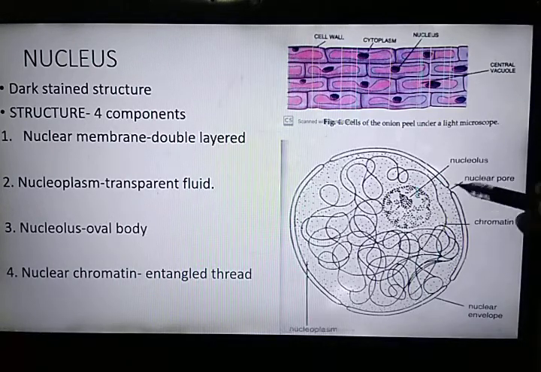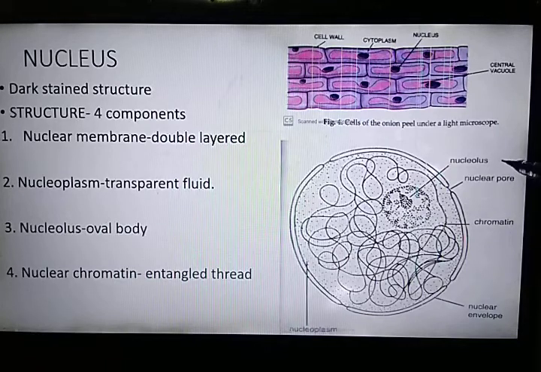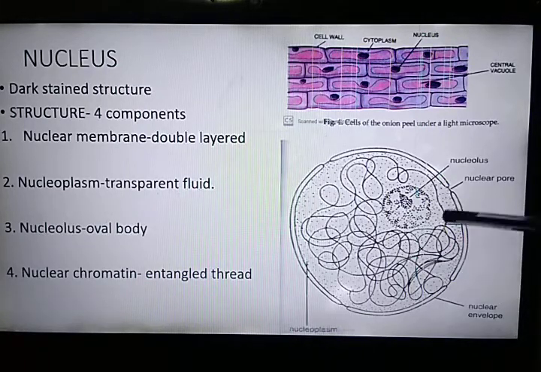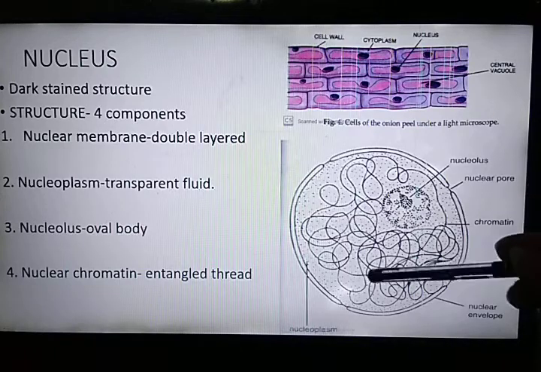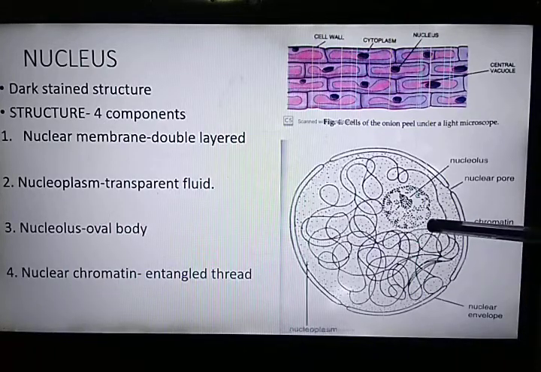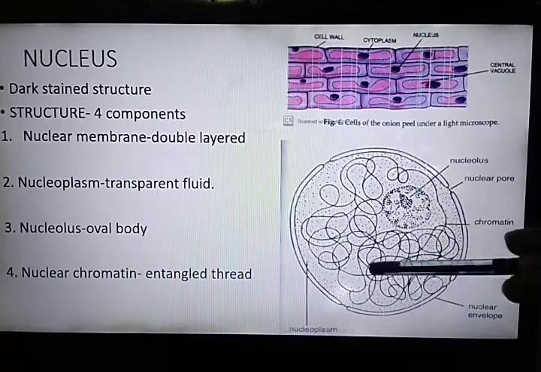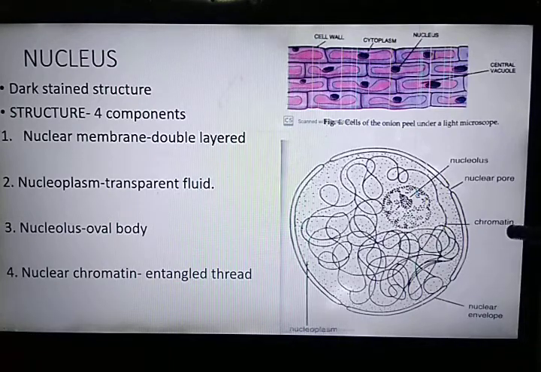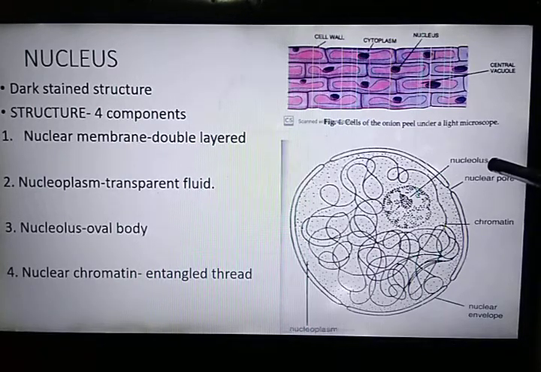Second, it separates the nuclear content from the cytoplasm. Now the next part of the nucleus is the nucleoplasm. The transparent fluid present inside the nucleus is known as the nucleoplasm, which contains entangled thread-like structures known as chromatin and a spherical or oval body known as the nucleolus.